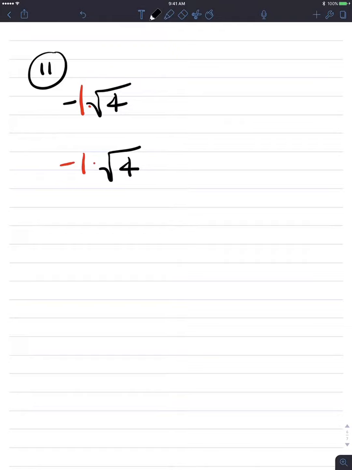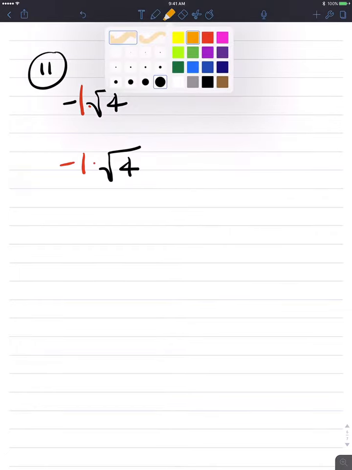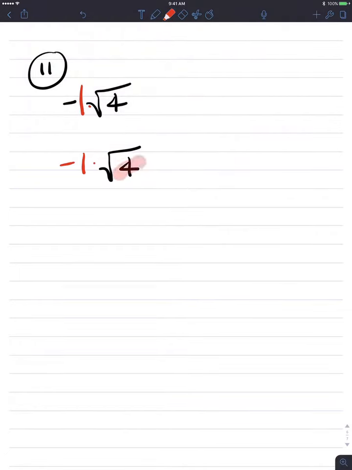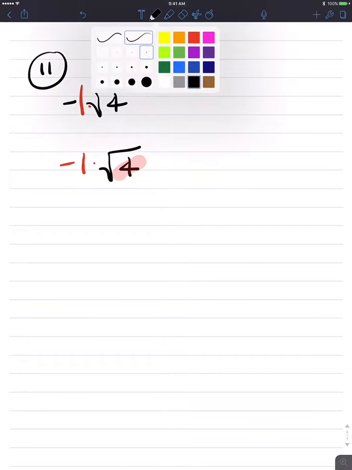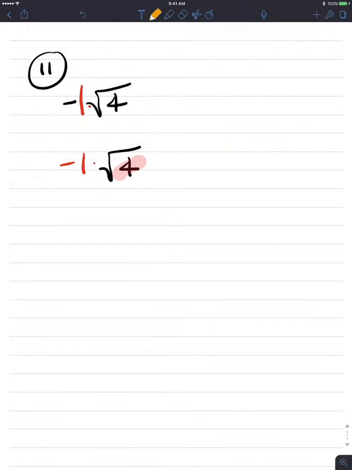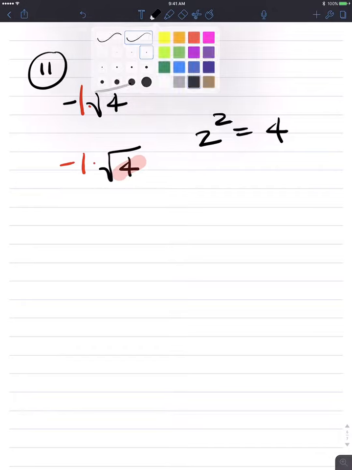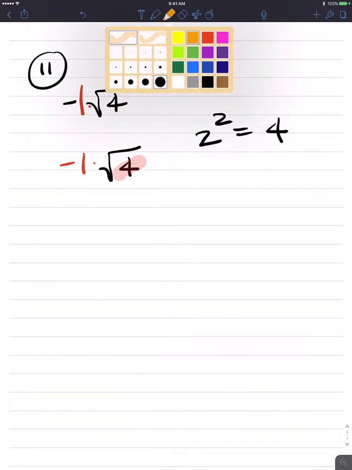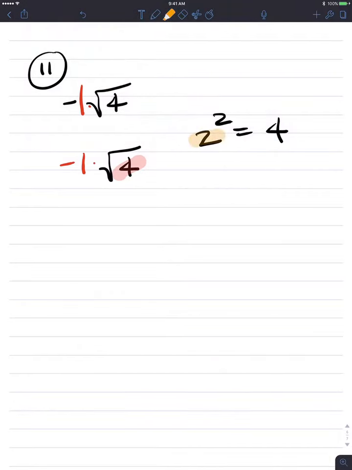Now my number 4 is a perfect square, because the base that was raised to the second power to get a 4 is actually 2.